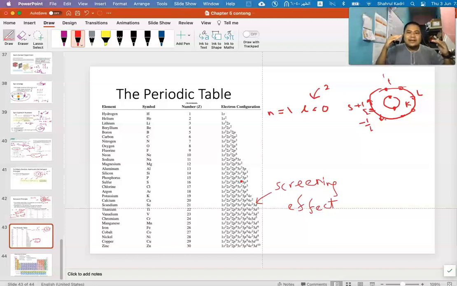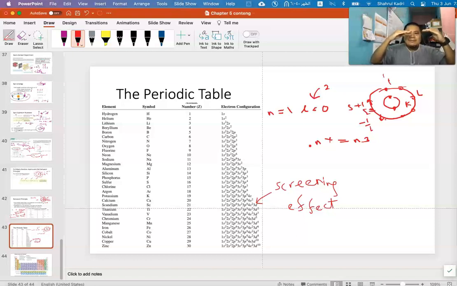Okay, ada perubahan energy level di mana pada satu tahap, N4 tu kan, dia hampir sama dengan N3. So level dia tu hampir sama. Maknanya elektron tu dia boleh macam pilih mana yang lebih sesuai untuknya.